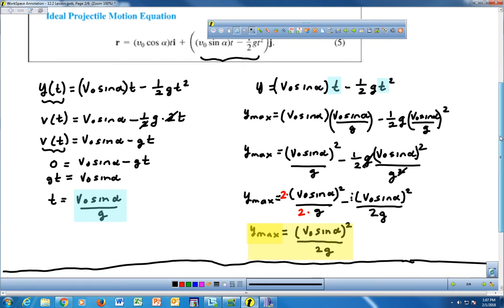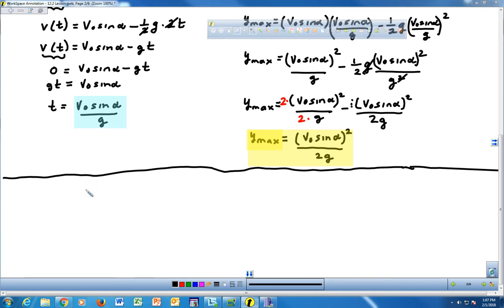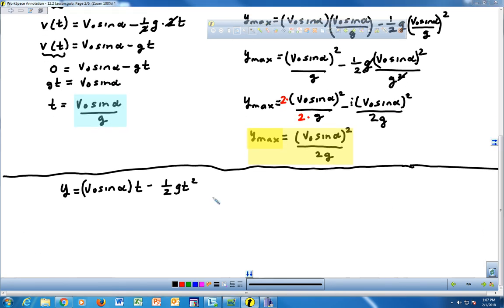So I'm going to call it y, and it's v sub 0 times sine of alpha t minus 1/2 gt squared. The total flight time goes from the beginning to whenever it strikes the ground, and it strikes the ground when the height is equal to 0, when this value of y is 0.